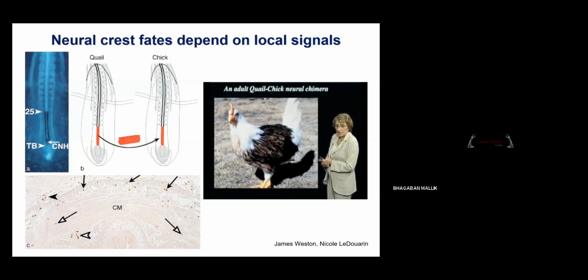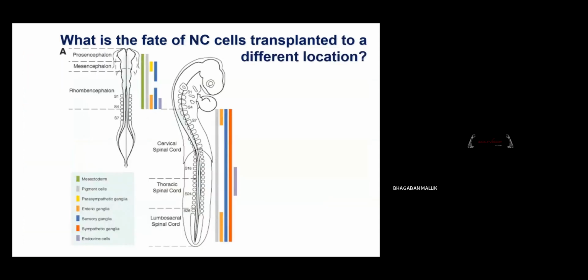So here a very interesting experiment has been done in two different species, quail and chick. Here I just want to emphasize that the formation of cells depends on the local signal. I'll just highlight that two distinct portions of neural crest cells are derived from distinct portions of the developing embryo.